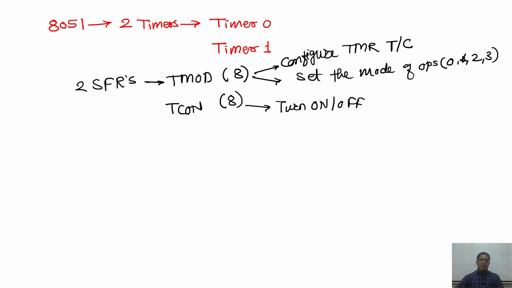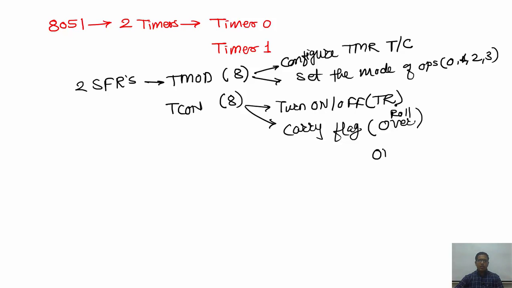This activity is done with the help of the TR bit, which is present in this TCON register. The second one is the timer flag, which mainly deals with rollover and indicates the overflow of time. So this is a little bit of revision about the basic timer section present in the 8051 microcontroller.